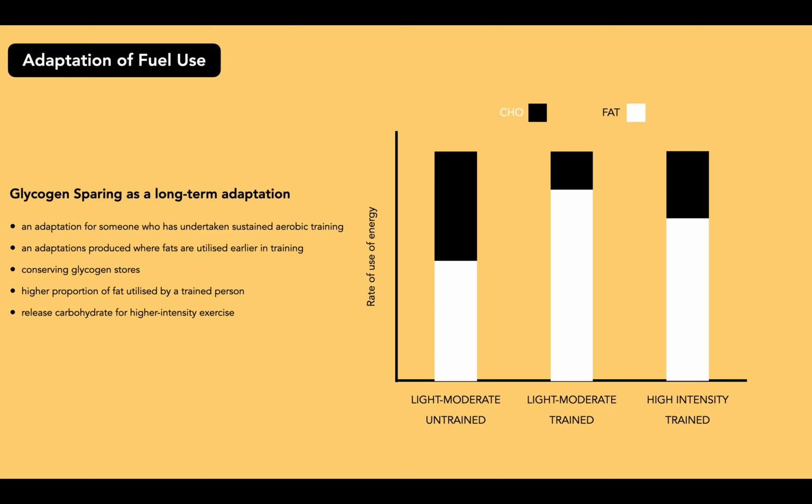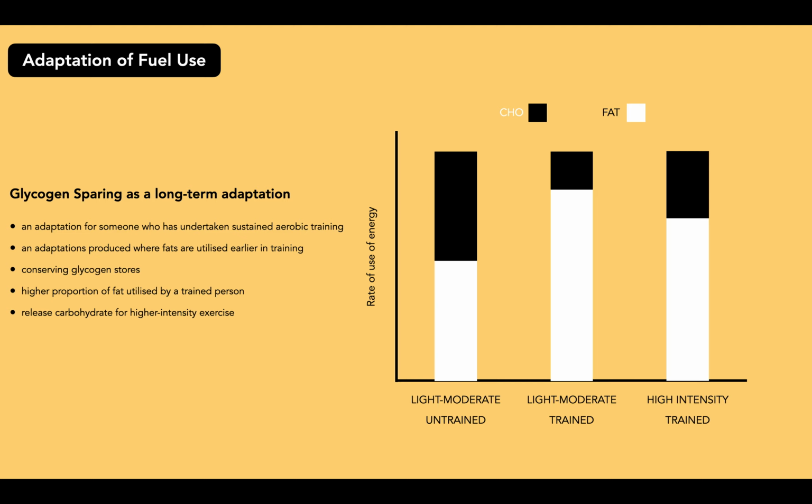As we can see in the first bar chart, the light moderate of untrained is very similar to the start of our graph on duration. It's around a 50-50 split. But that can change if you're trained. You can utilize a lot more fat, and therefore you conserve your glycogen stores. You save them for when the intensity increases in the exercise.